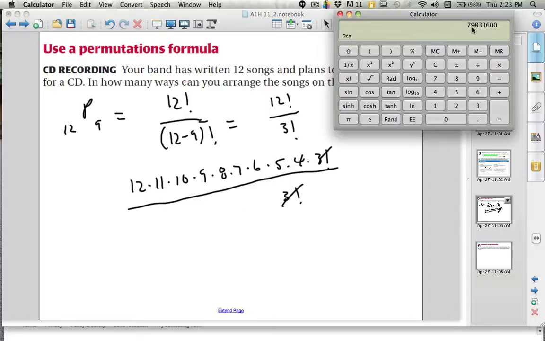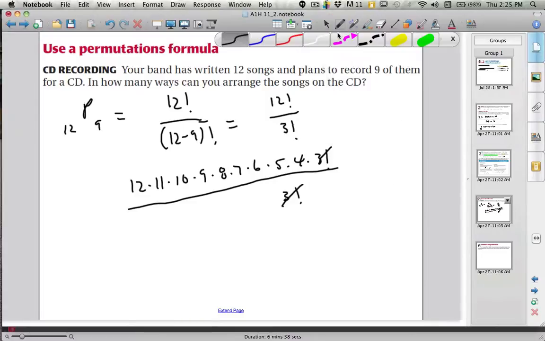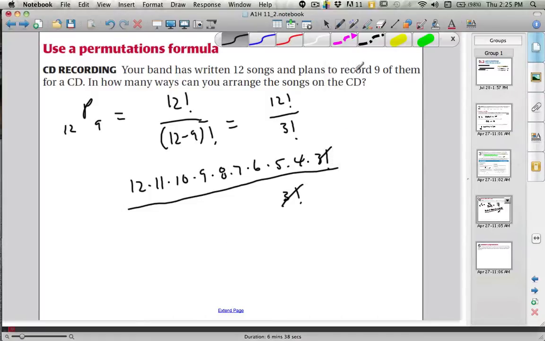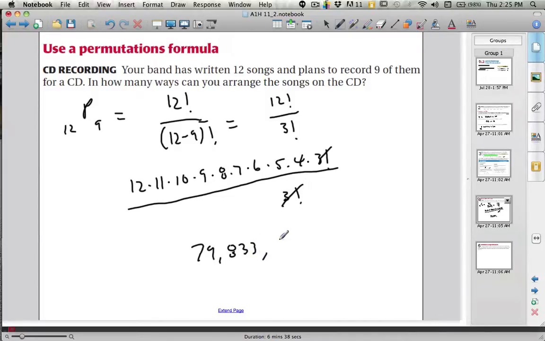And there are almost 80 million ways we could go about doing this. So when we look at this, the value we had was 79,833,600 different ways to put this album together.